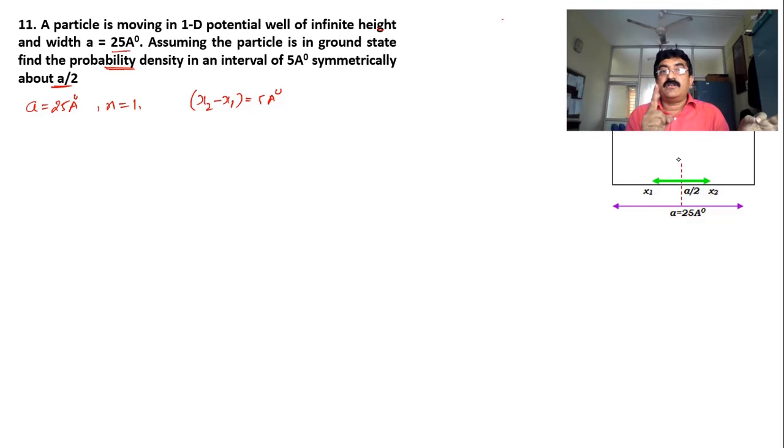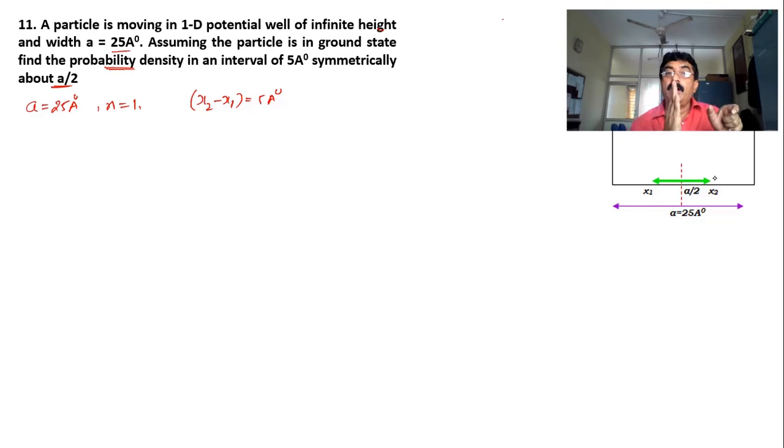Center of 25 is how much? Sir, it is 12.5, sir. So 12.5, this side less, that side more. How much less can you guess? Totally x1 to x2 it should be 5. This is the center, so this side 2.5 and that side 2.5.